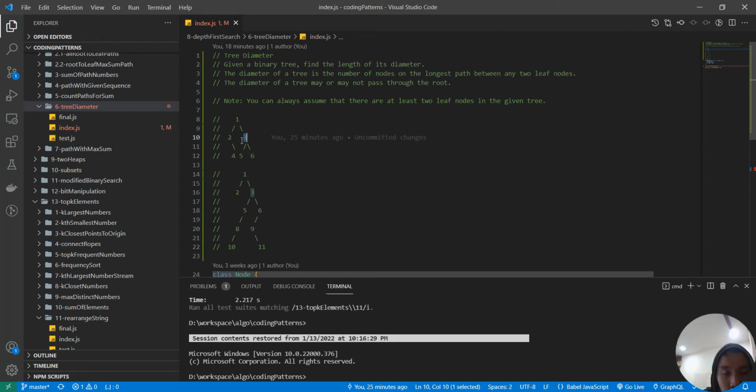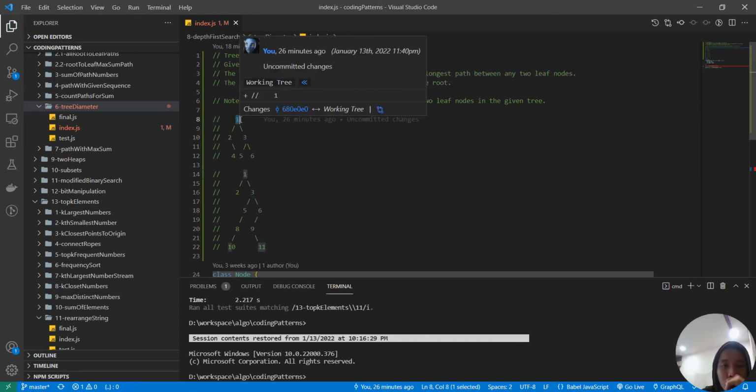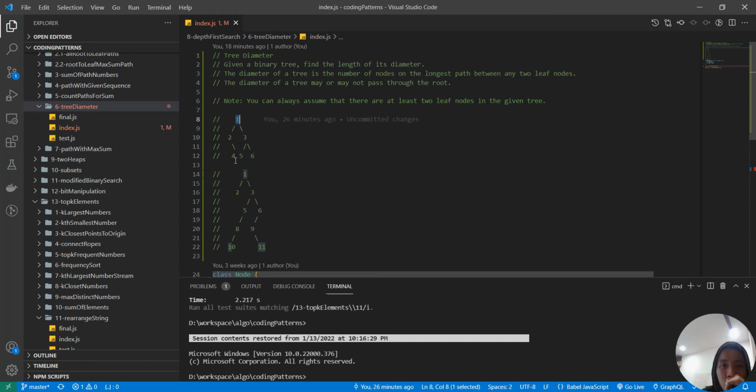So it would be plus 1. It would be plus 1 because here we need to count the number of nodes, right?